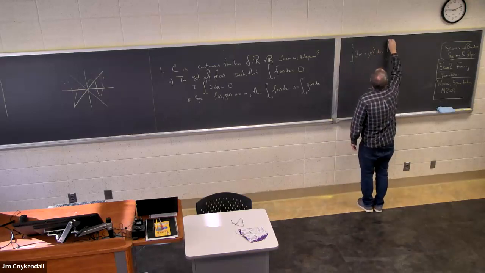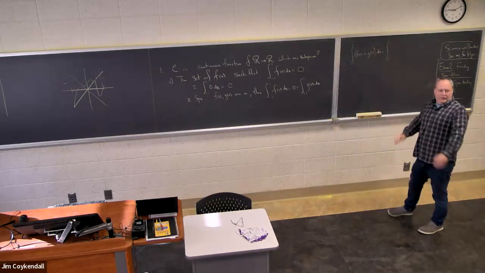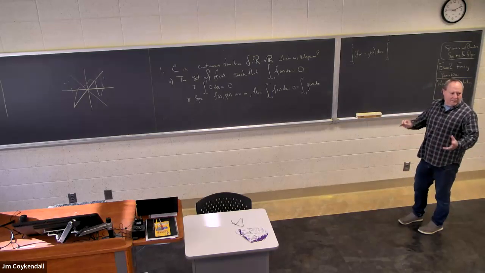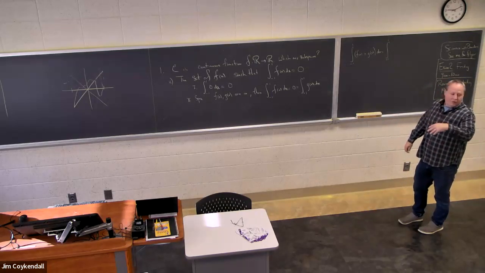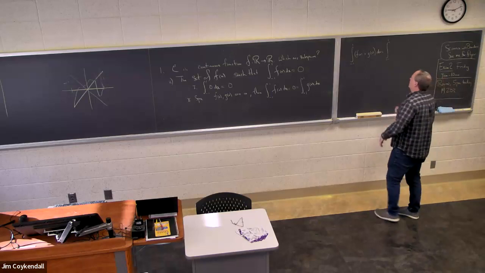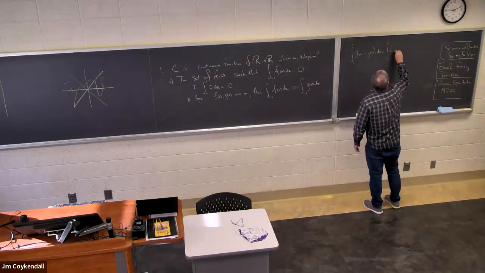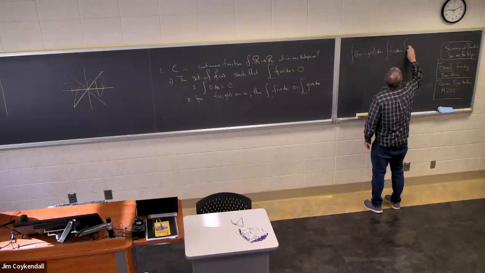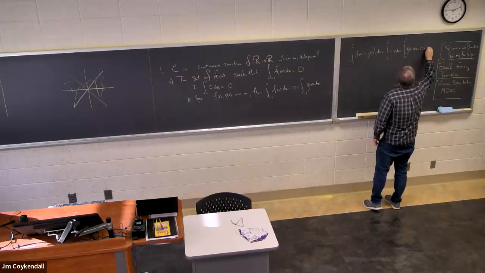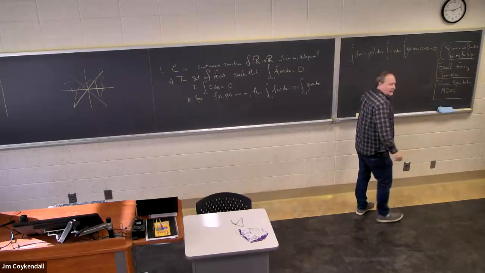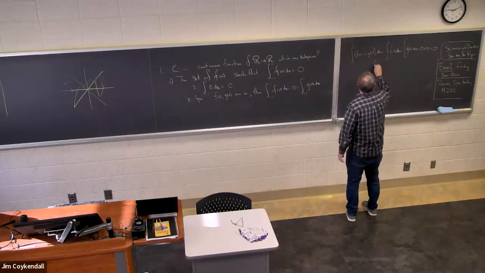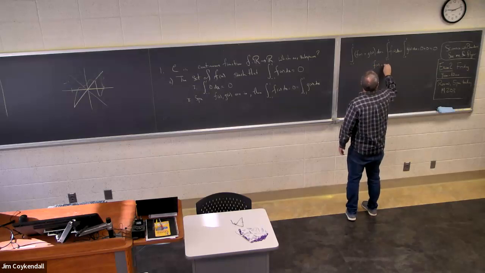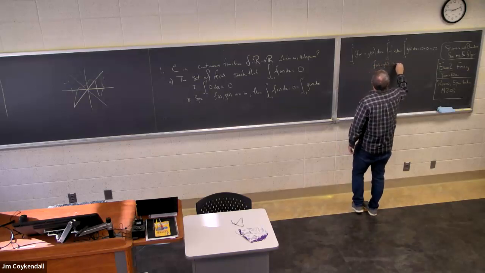If I can integrate two functions, I can break up the integral. And all these functions are continuous, so you can integrate them all. Any continuous function, integrate it. So f of x plus g of x is in the set.